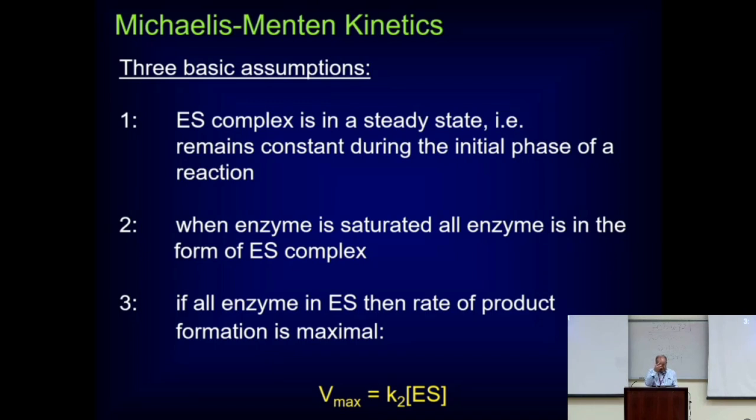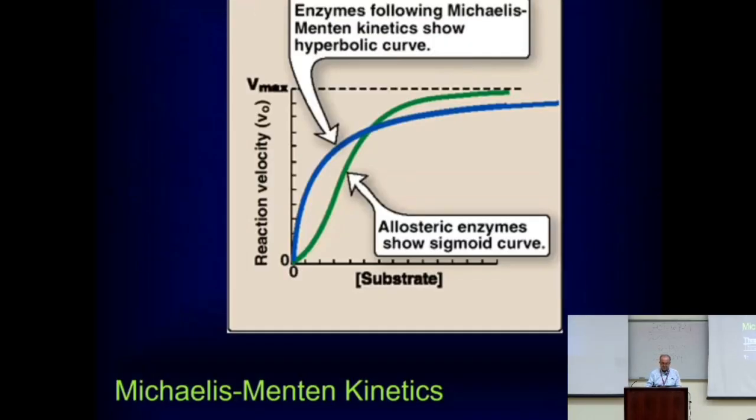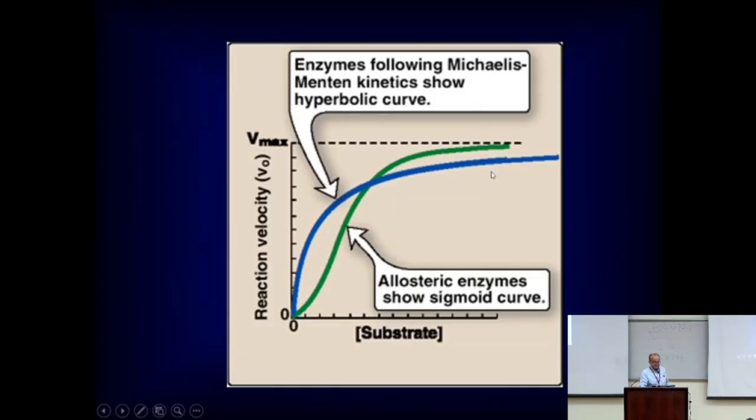I'm going to explain the difference for you in a minute, but I'm going to start with the allosteric enzymes, then go back to the Michaelis-Menten. So I want you to appreciate there are two types of enzyme kinetics that we will treat. The first one is the one I just mentioned to you.